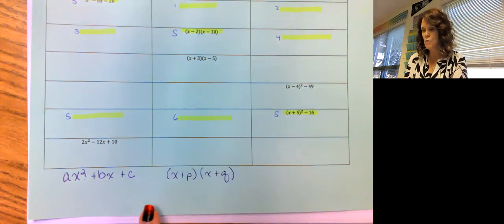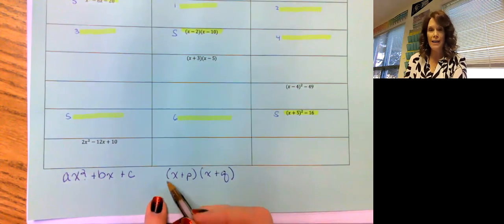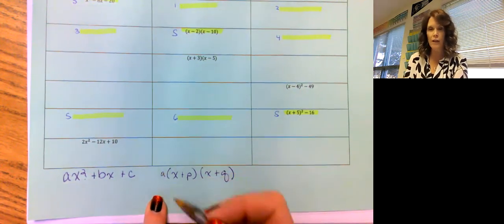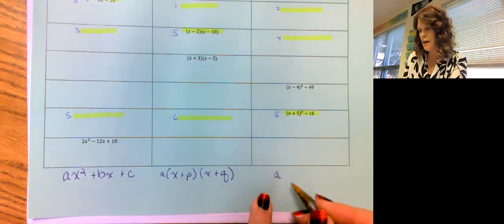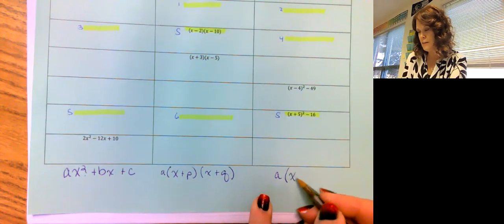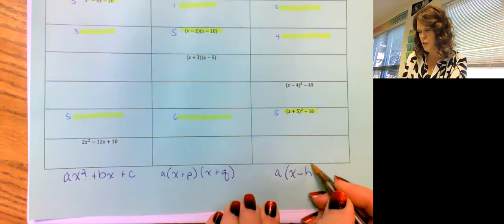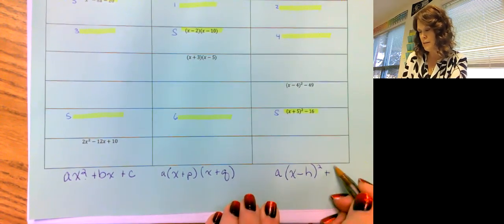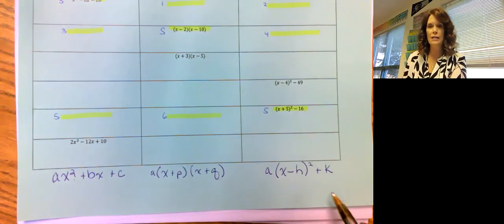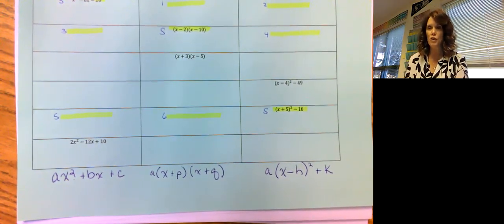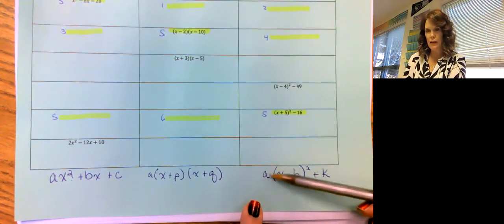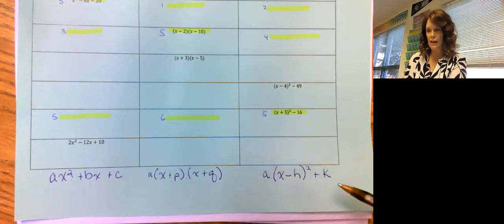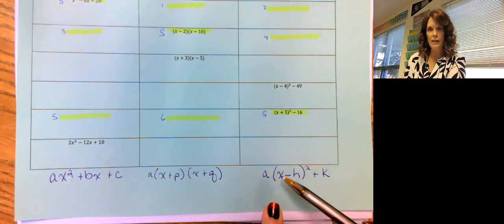And then vertex form, before I go there, our a value is technically sitting out here. Since we won't see it, it's because that a value is 1, right? Now, a value would be outside in vertex form of a times x minus h, all of that squared, plus k. Now this minus and this plus will become important to us down the road. For now, we would just need to be identifying what is outside the parentheses, that a value, what's happening right here inside the parentheses.